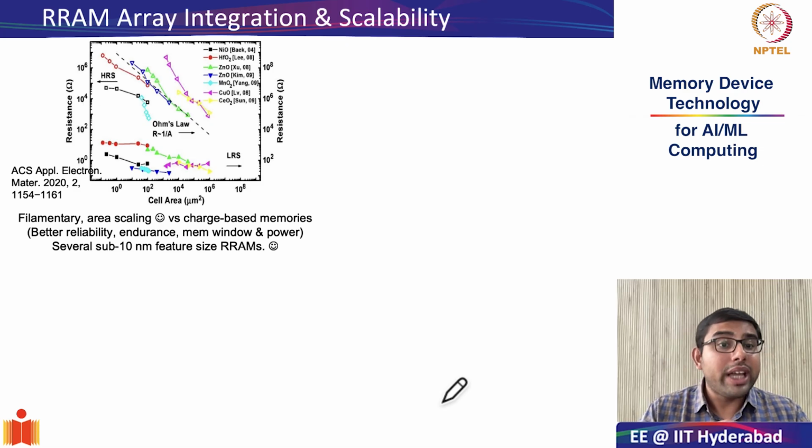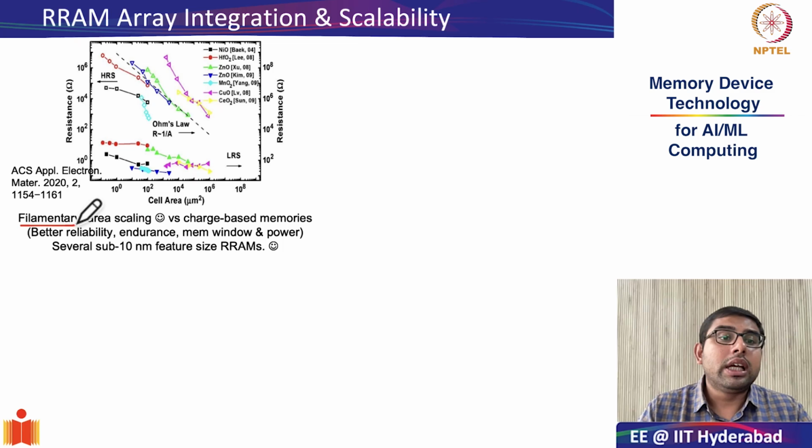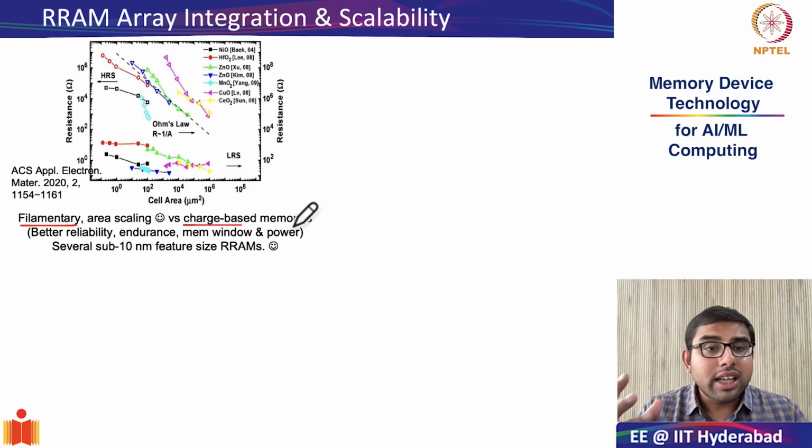So, as we had discussed in our first lecture, the filamentary nature of RRAMs renders it something very, very special. The area scalability of RRAMs is much better compared to charge-based memories such as NAND flash. In NAND flash, when you reduce the area, remember you started facing the few electrons problem, and that created a lot of problems in reliability, memory window, and so on.